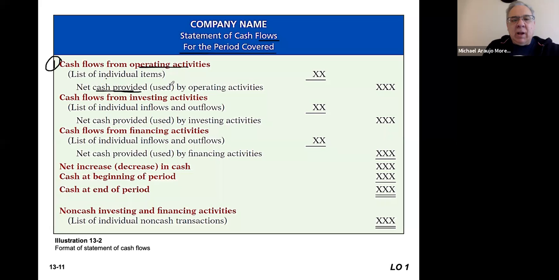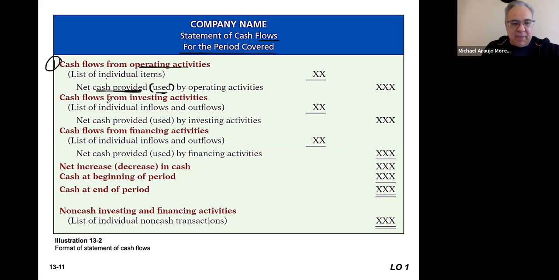The word used here in parentheses simply is provided. If cash went out, it would be used, if more cash went out than in. More cash in, provided. More cash out, used. For operating activities, you're going to see provided a lot. This is often going to be a positive figure.